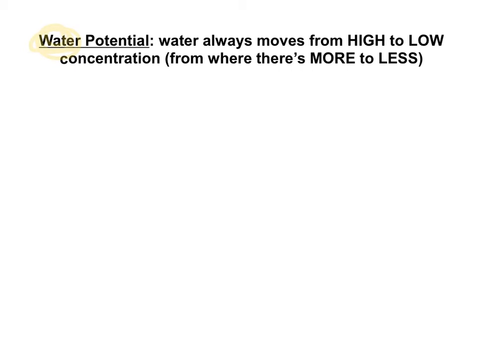So water potential goes with the idea of osmosis. And we are always going to be talking about the flow of water via osmosis being passive, where water moves from high to low concentration. Water moves from where there is a lot of water to where there is less water. We call that the concentration gradient.